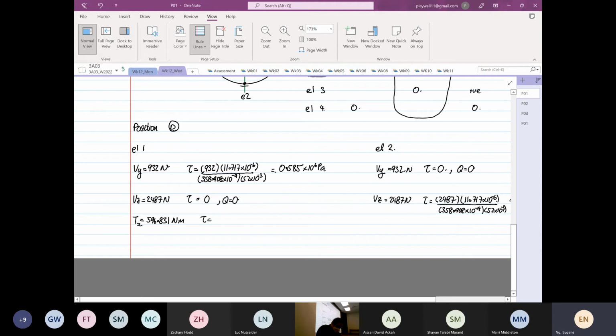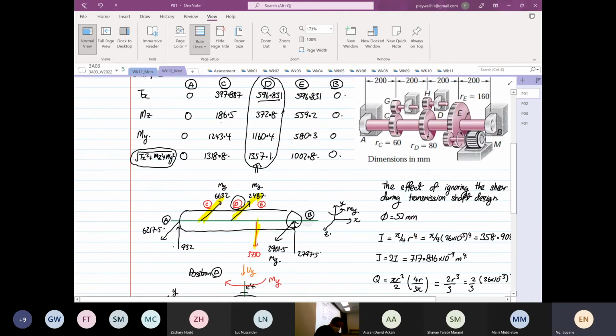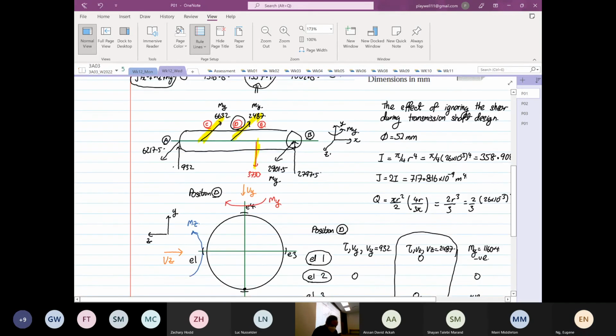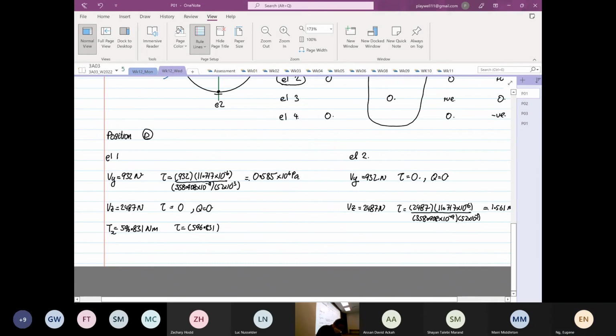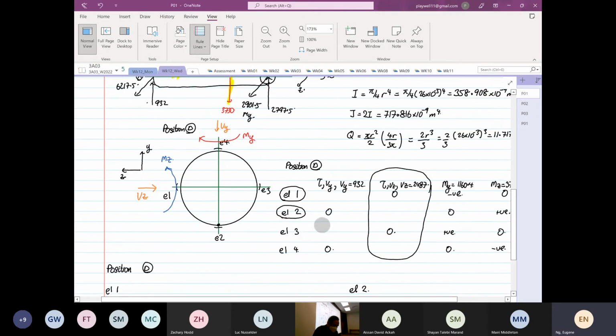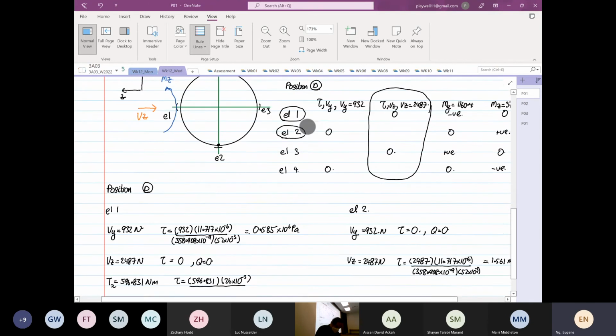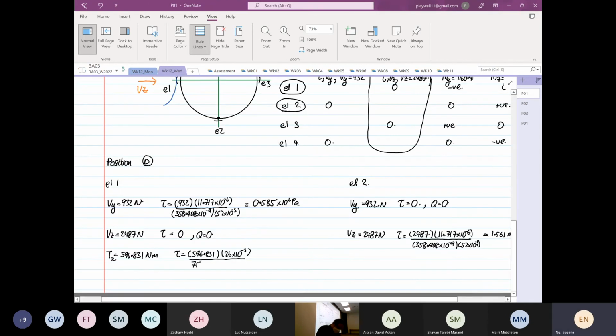So the shear stress is equal to TR over J. The radius is equal to 26 times 10 to the power minus 3, divided by the second polar moment of area, 717.816 times 10 to the power minus 6.